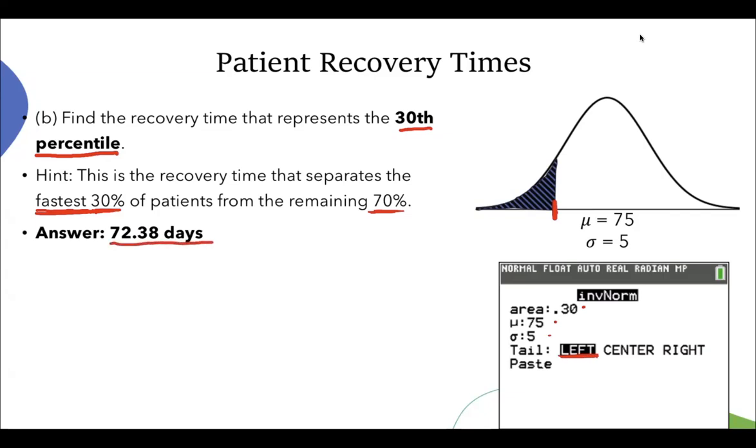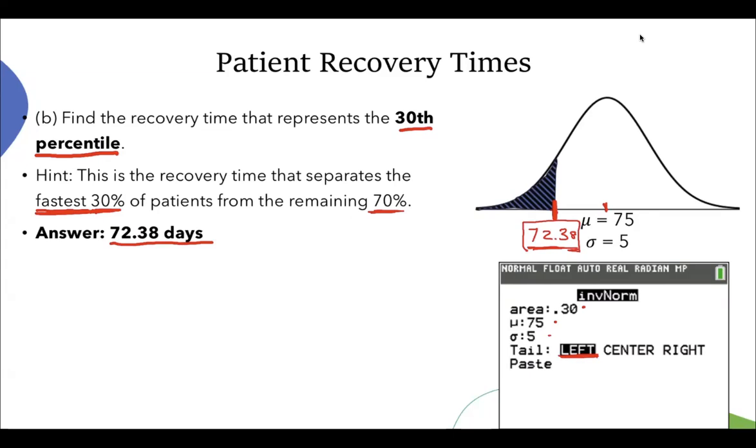Okay, so 72.38. Recognizing that the center is where 75 is, and my value here, 72.38, is on the left of center, it makes sense that it's lower than 75. So that is a reasonable answer.